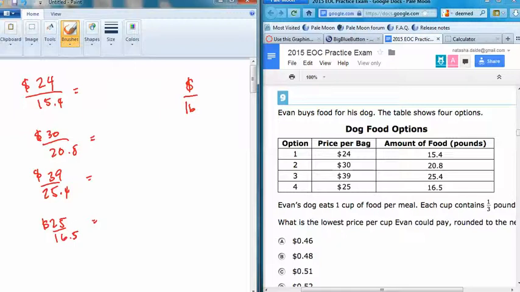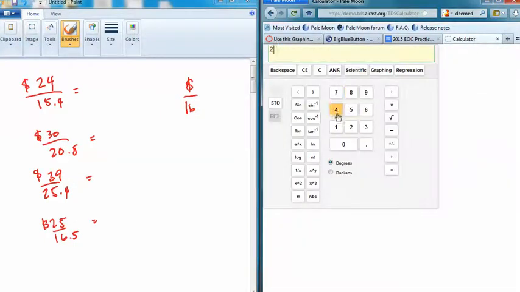Anyway, let's try this. What is 24 divided by 15? Let's see. This is $1.5584 for dollars per pound.